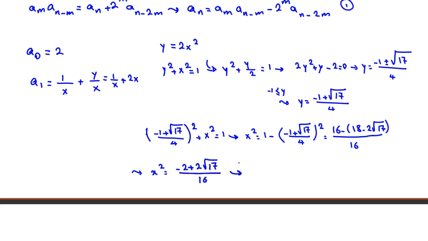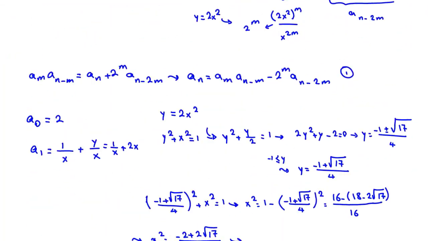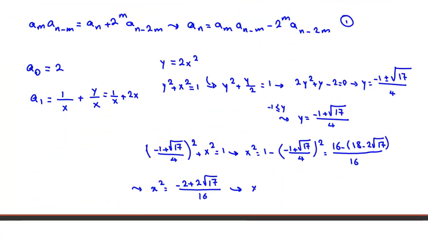Because angle A is an acute angle, sin A and cos A should be positive. They cannot be negative. So when we consider the square root, we can say x is the square root of 2 root 17 minus 2, all over 4.